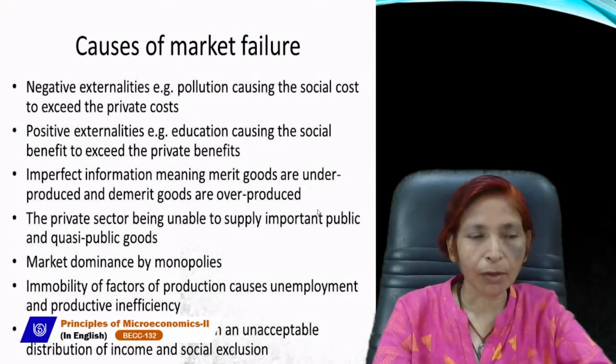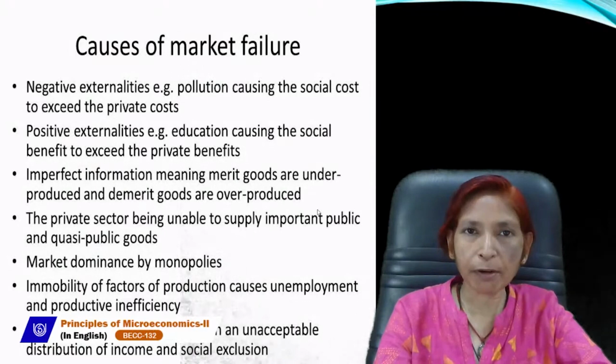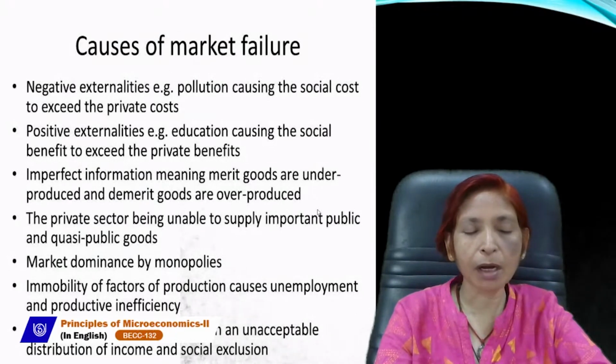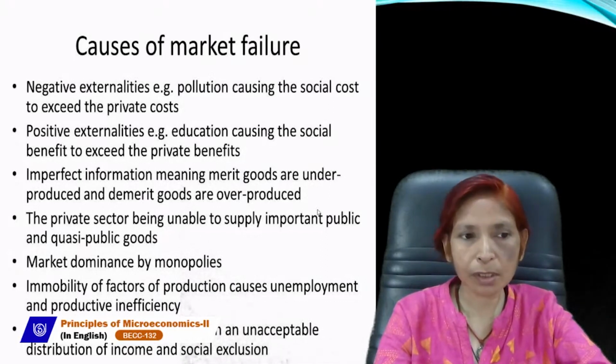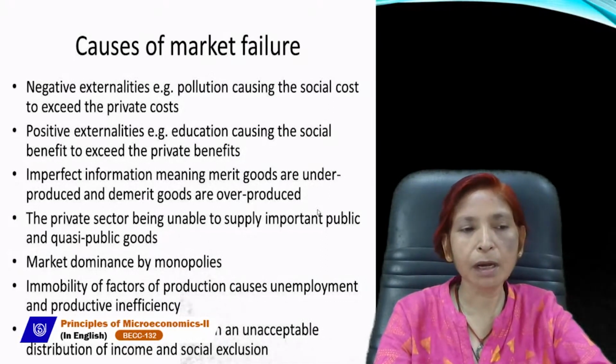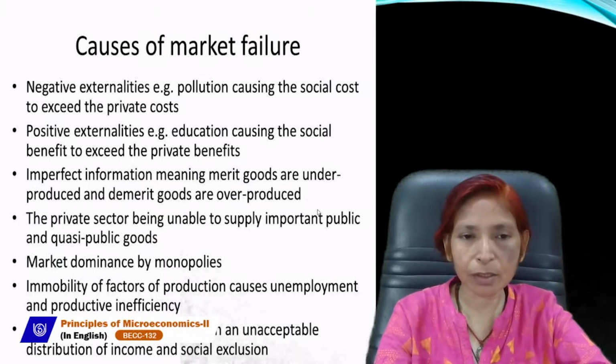Now, what is imperfect information or asymmetric information? Imperfect information, incomplete information, or asymmetric information are all the same. It means that merit goods are underproduced and demerit goods are overproduced. What is a merit good?